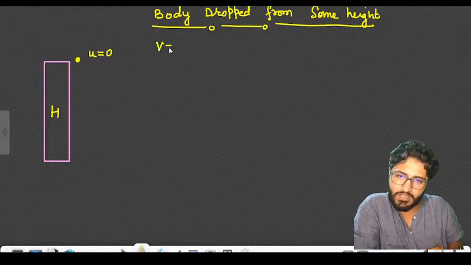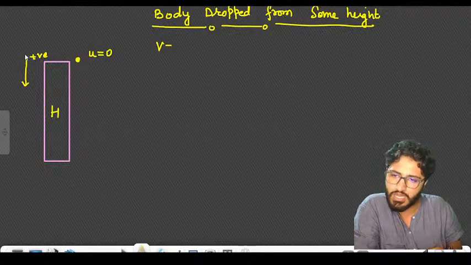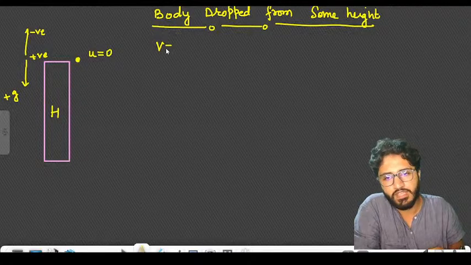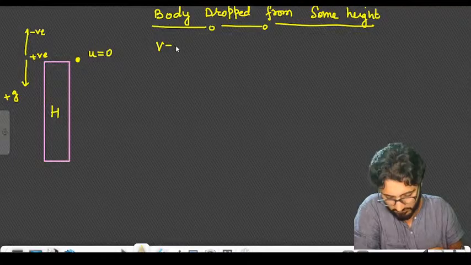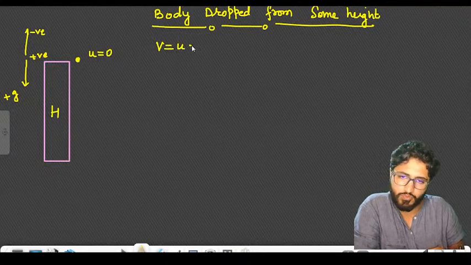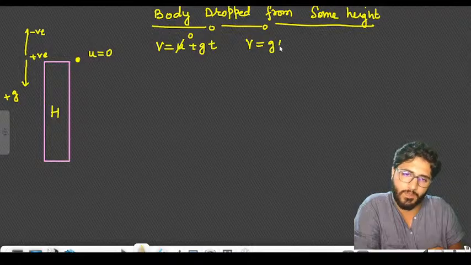So I can write, look, downwards motion is positive, upwards is negative. Now here g will be positive. v equals u plus gt. u is 0, so one equation came out to be v equals gt.